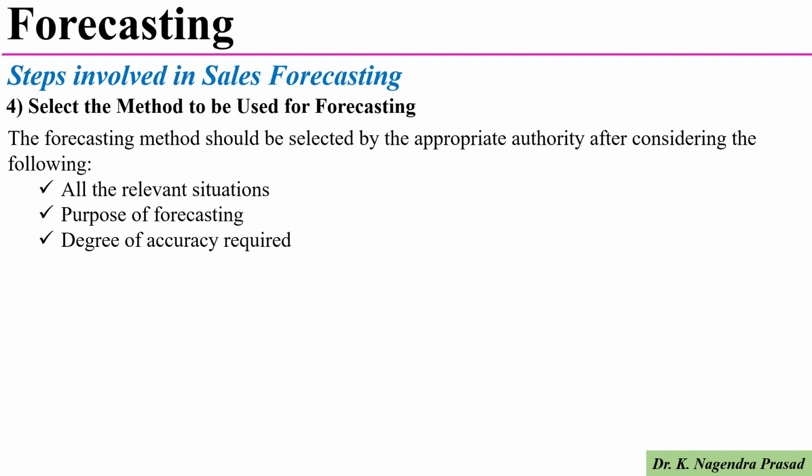Among them, the appropriate authority should select a method after considering all the relevant situations, the purpose of forecasting, and the degree of accuracy required. Based on this, we have to select the suitable method.